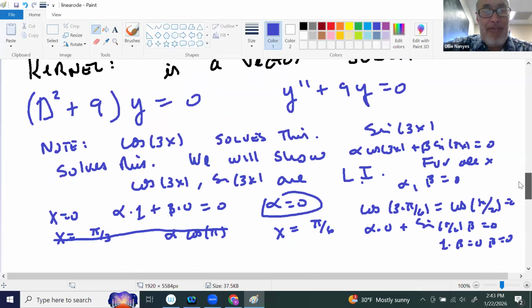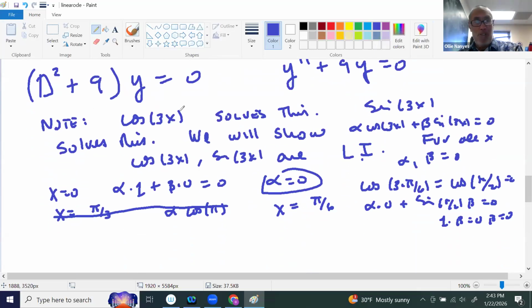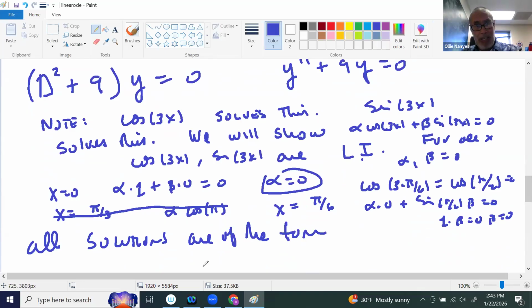So anyway, what it says is that these two functions are in the kernel, and they're linearly independent, and we will show that this space is two-dimensional. So what that means is all solutions are of the form A cosine of 3x plus B sine of 3x, and there are no others.